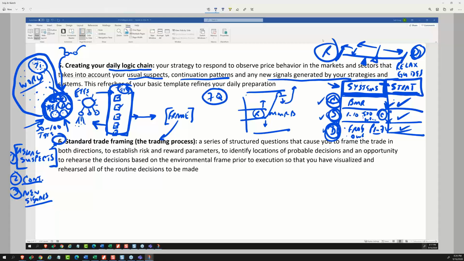So once I've built an individual trade frame for each of those targets, maybe I have 5. Those are not 5 separate things. Those are still related to this hierarchical notion of the market, which generates 50% of the variability.